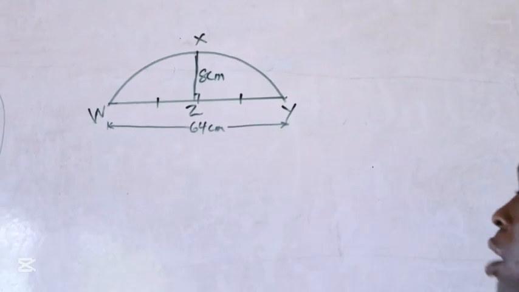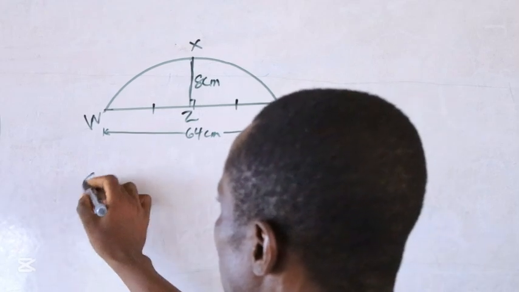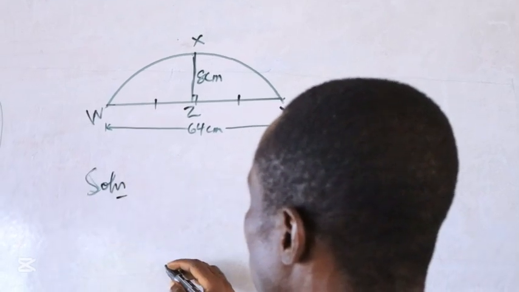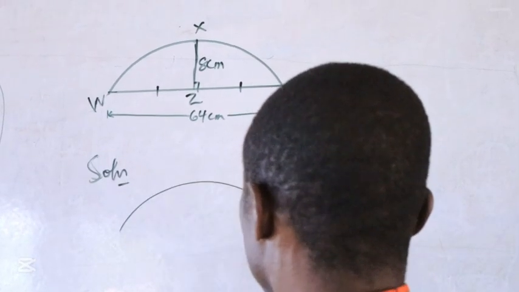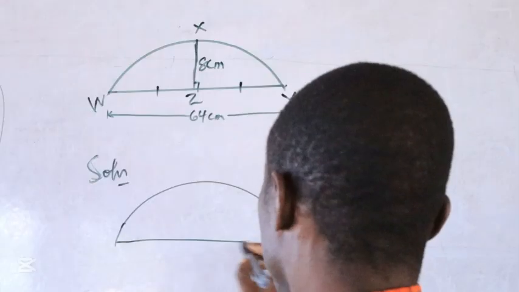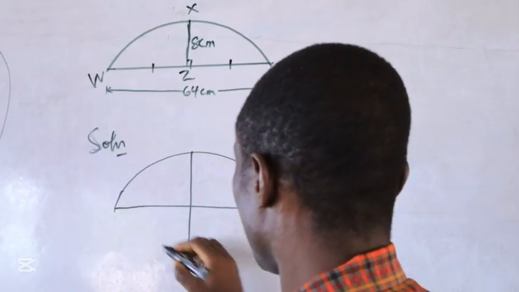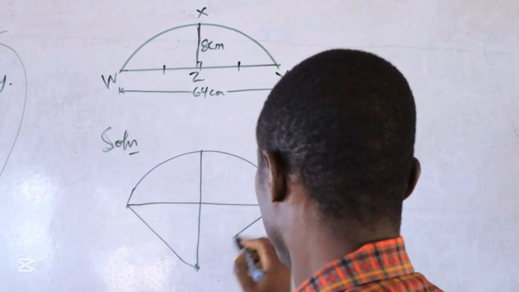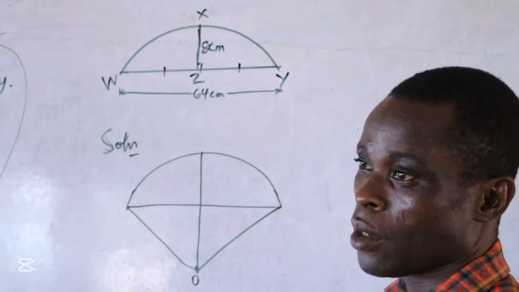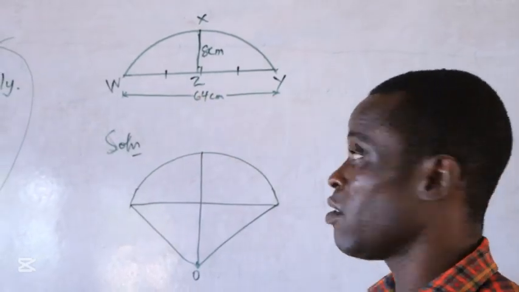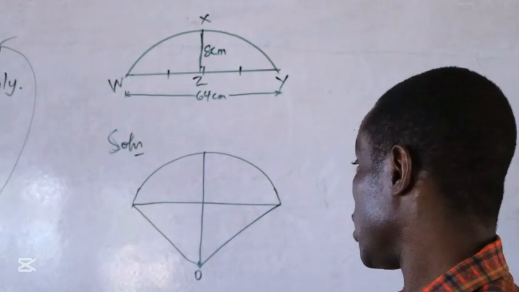But if the center of the circle is, let me draw another one. This is another diagram. So let me just use my hand to draw it. We have this. Let's say this is the center, let's call this one O, because this Z is not the center. You are going to have Z as the center if this line WY happens to be the diameter, and it is not the diameter.